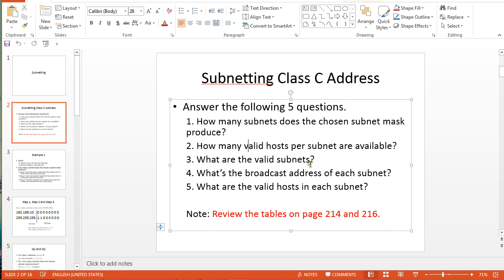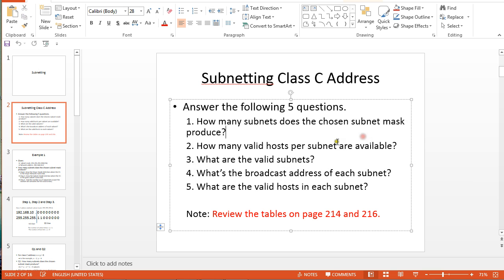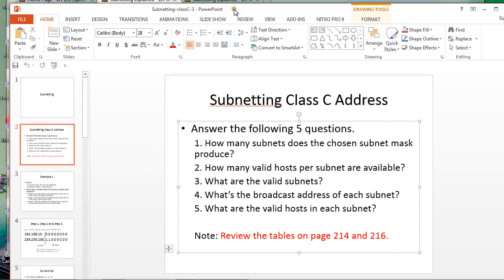What are the valid subnets? What is the network address of each subnet, what is the broadcast address for each subnet, and what are the valid hosts for each subnet? As long as you can answer these five questions, you are in good shape.